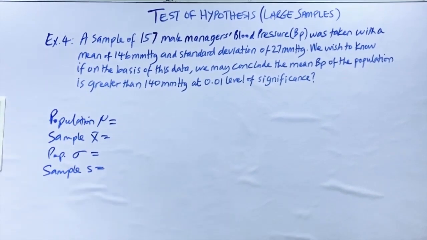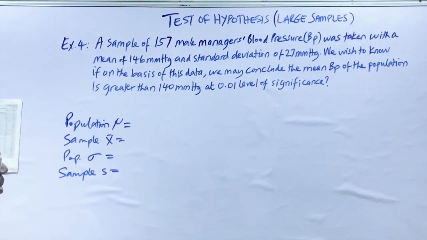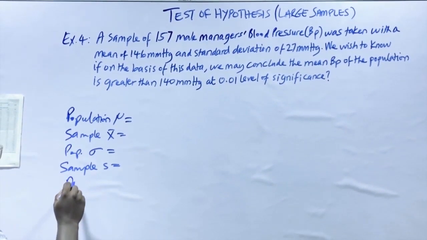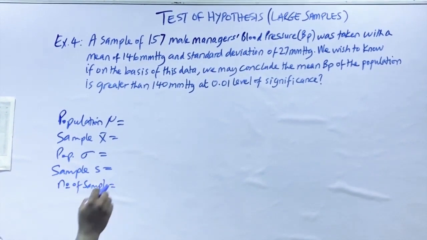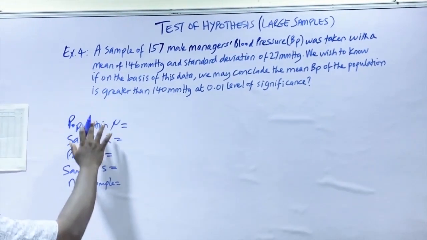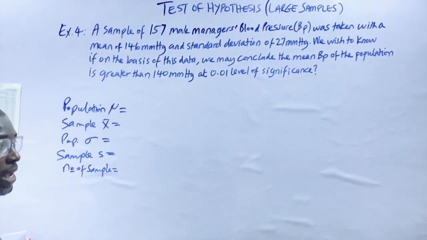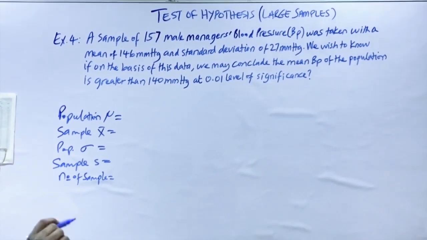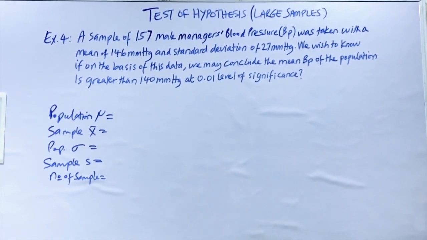These are the symbols for each of them. Then we have to also consider the number of samples from the question. These things will help us determine whether we are going to use a T statistic or a Z statistic, as the case may be.